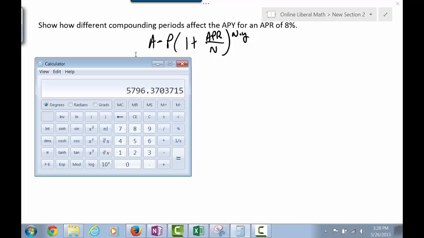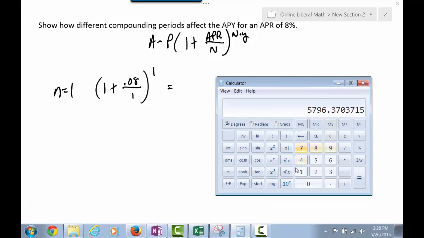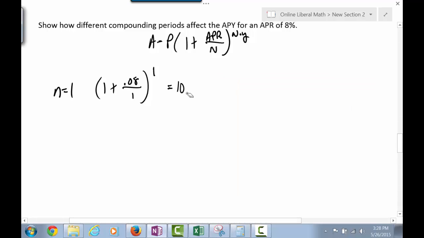Okay, so 0.08 divided by 1 does nothing, and we add that to the 1, we still get 1.08. So if we raise that to the first, we still get 1.08. So we still increased our balance by 8%.